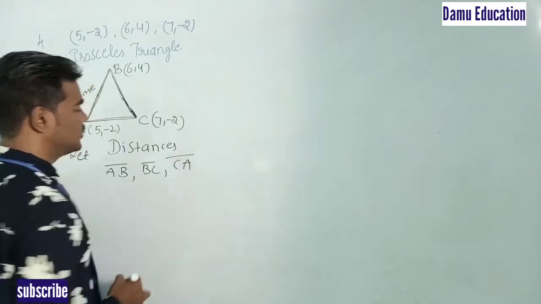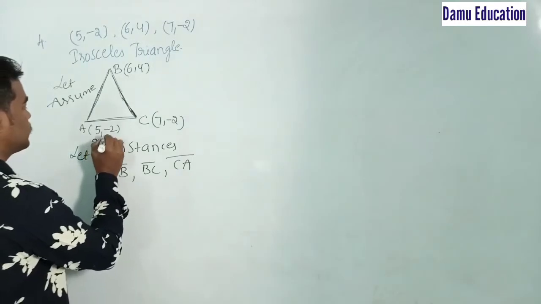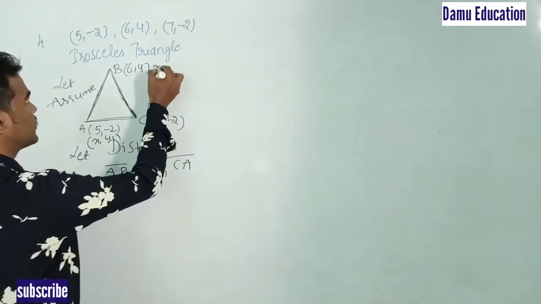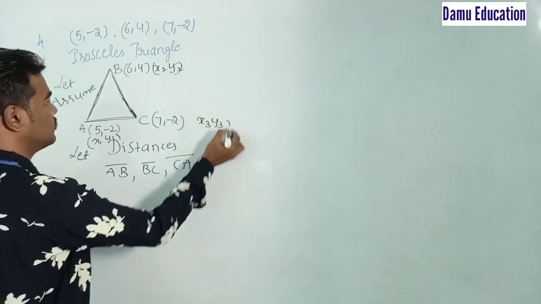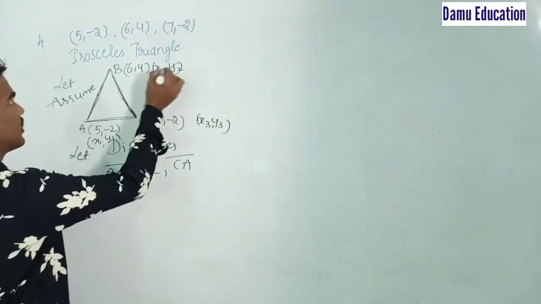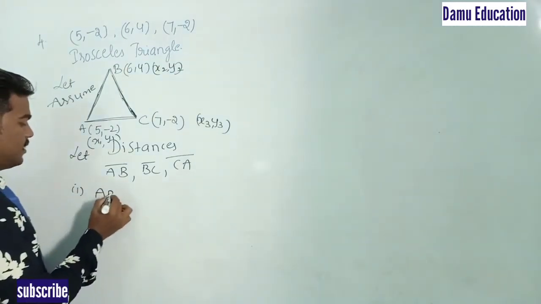Is there any other distance? No, not possible. So let's take this as x1, y1, this as x2, y2 and this as x3, y3. Let the first distance be AB.